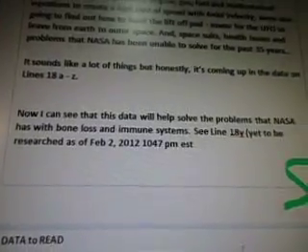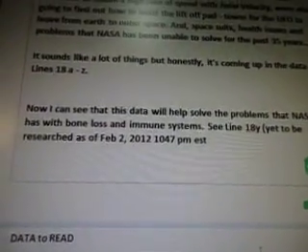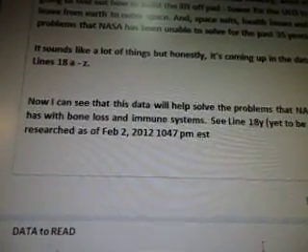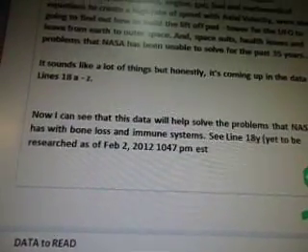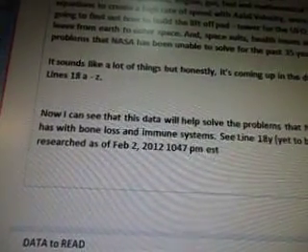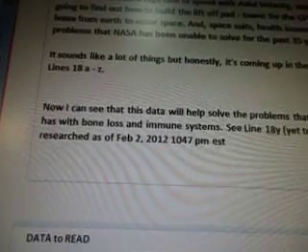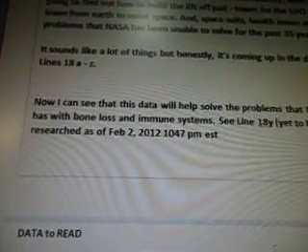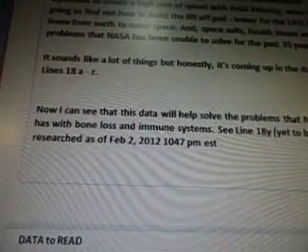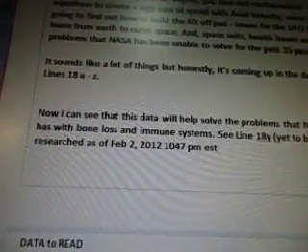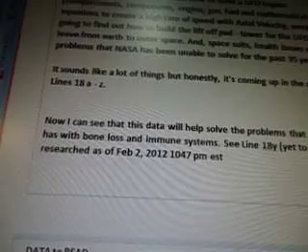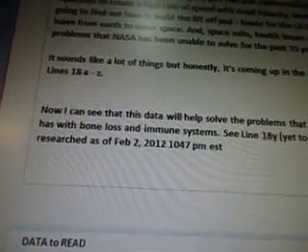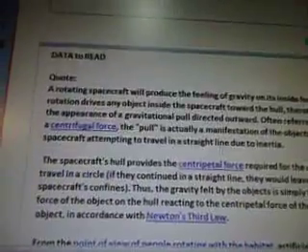So yes, when we get to line 18Y, we're going to talk about how to solve the problem of bone loss and immune system. I did find some data that says they've been doing tests as of January the 29th, 2012. So it's just been found out, or the test results have just been posted. They are from the other side of the world. I'm not sure, I've done so much, I don't remember where I found them. But anyways, that's something to look forward to.